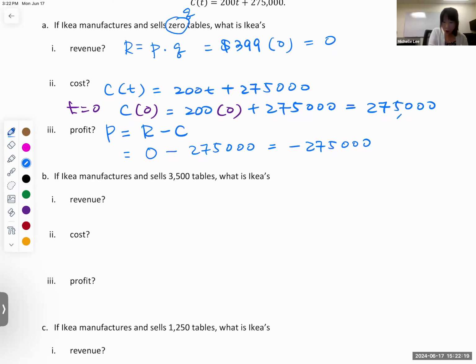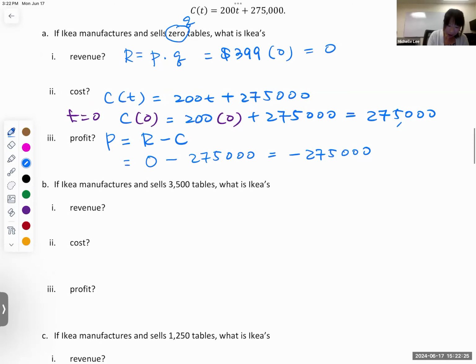Second part. What if they sell 3,500 tables, right? So what's the revenue? Same as this one. So revenue equals P times Q. P, price, is $399. Q is 3,500, right? So 3,500.